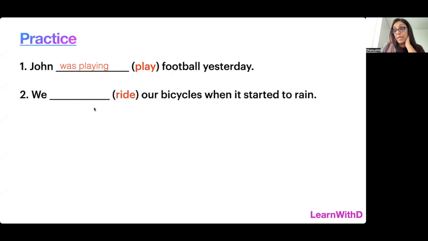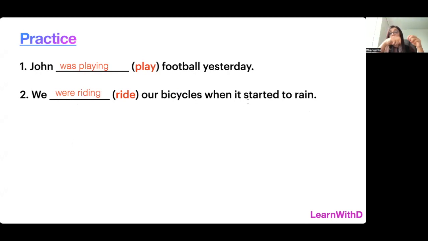We blank, ride is the verb, our bicycles when it started to rain. You get that? Okay, so we were riding our bicycles when it started to rain. Interrupted action.